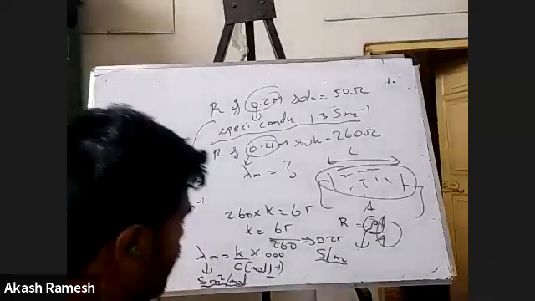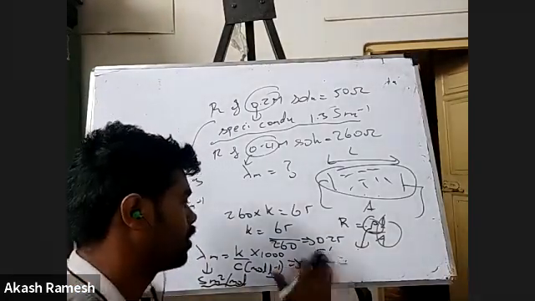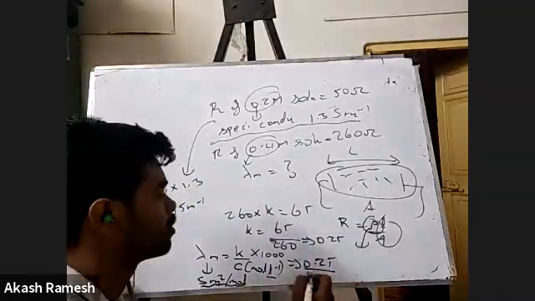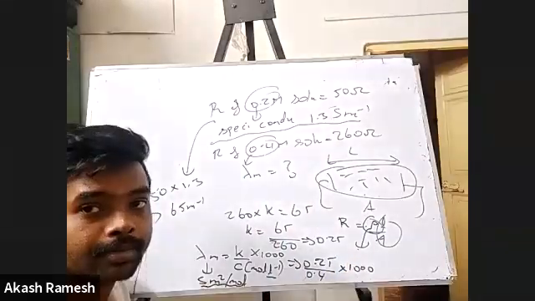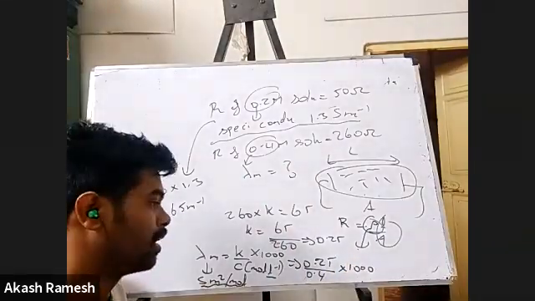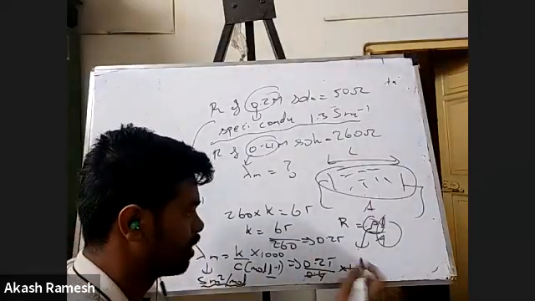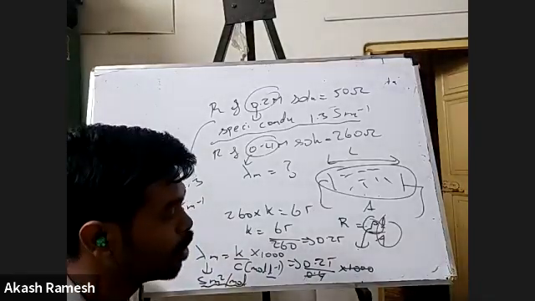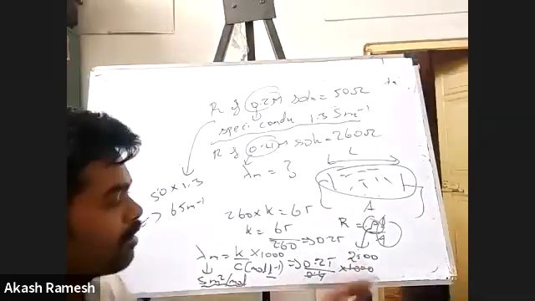Okay, good. So the K value I found out, which is 0.25, divided by C, which is 0.4 into 1000 is what I'll do. 0.4 into 1000 will become 400, so 250 divided by 400, I can write it as 2500 into 25.